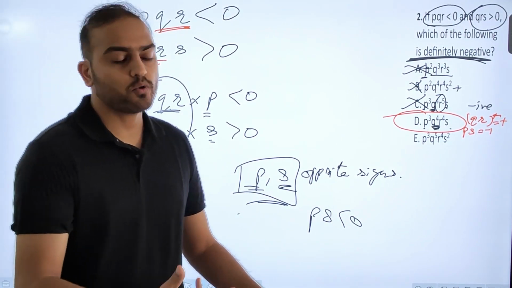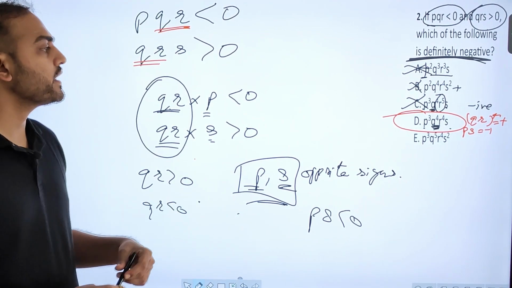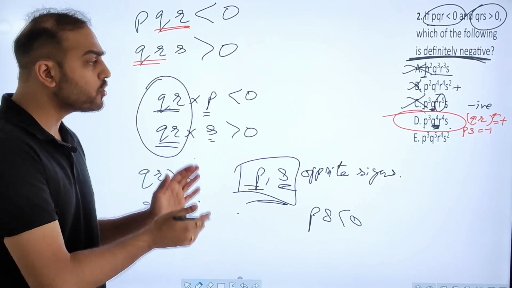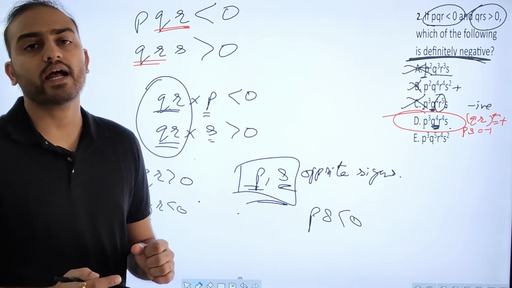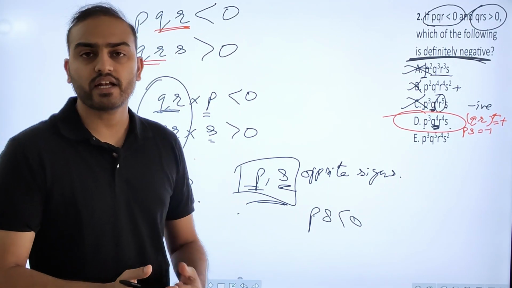See, the point I am trying to make here is, instead of plugging in values, try and understand how to solve all these questions quickly and theoretically. The advantage of that is, when you do so, your confidence is high. You know that yes, this is definitely the answer.